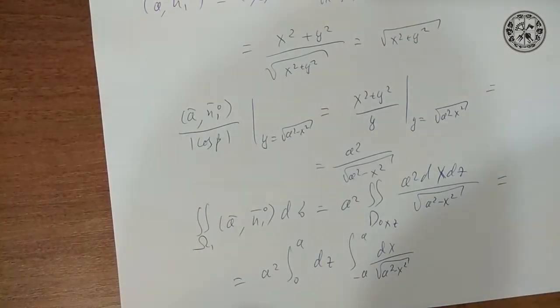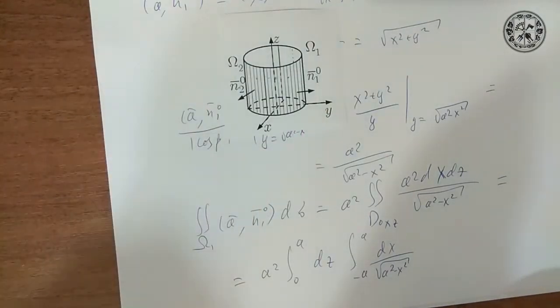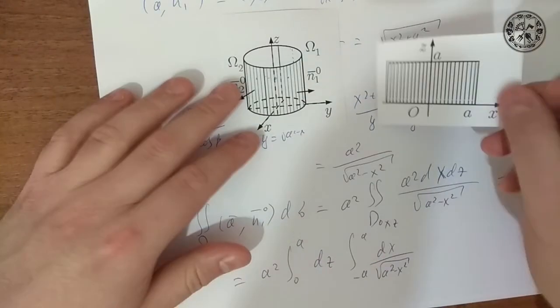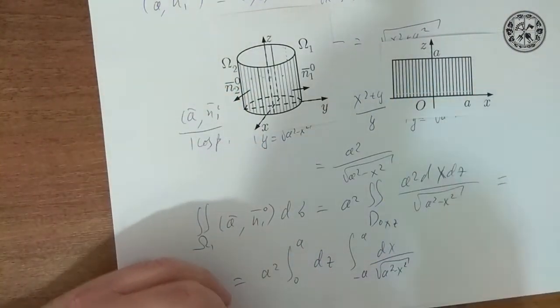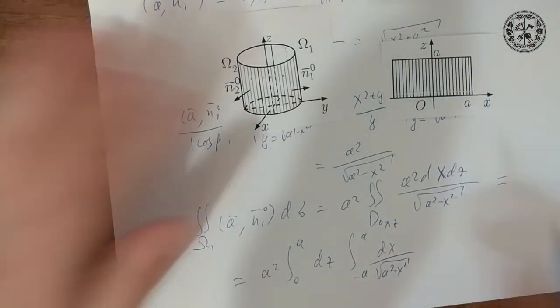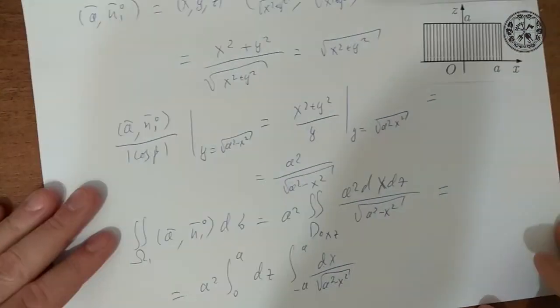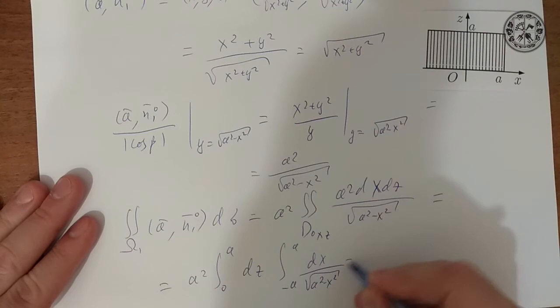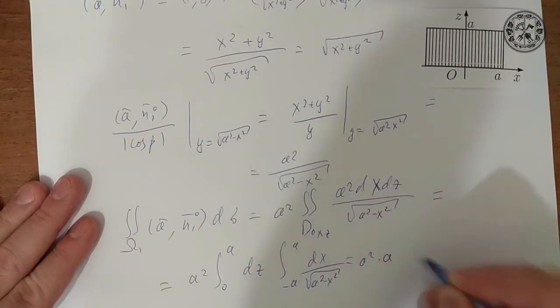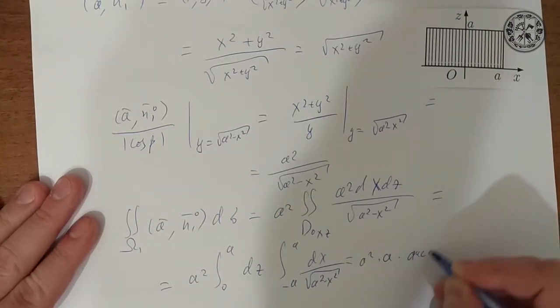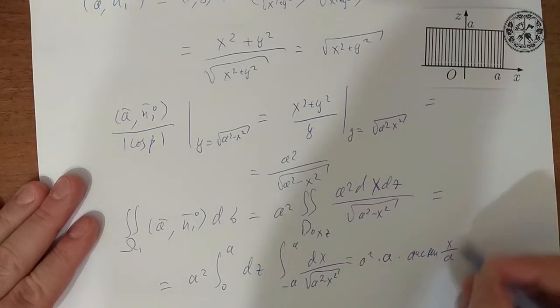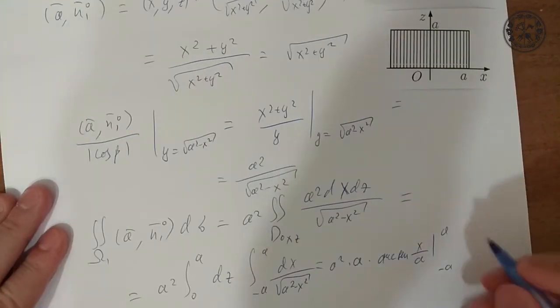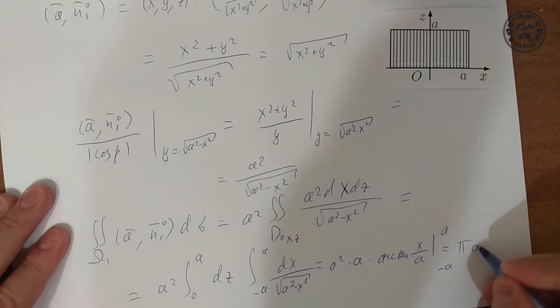Why? Because the projection of this cylinder on xz is just a rectangle. So we calculate the integral by this rectangle and we get a squared by a by arcsin of x over a from minus a to a, which will give us πa cubed.